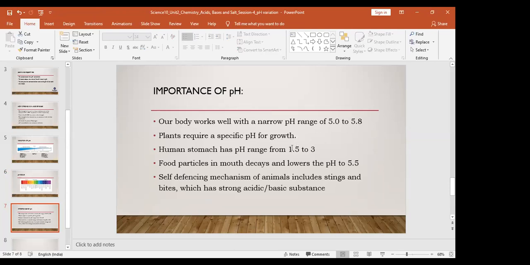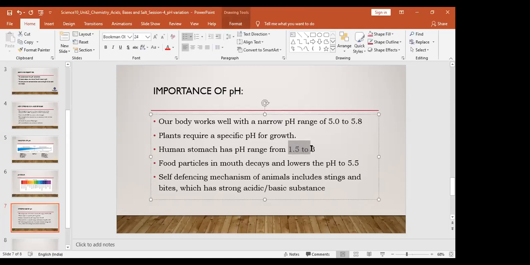The human stomach pH ranges from 1.5 to 3. This depends on how much acid is getting accumulated in your stomach. Human stomach, which acid is present in human stomach? No, which acid is present in human stomach?